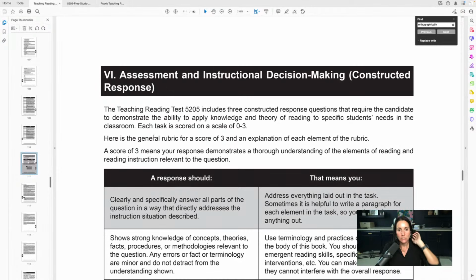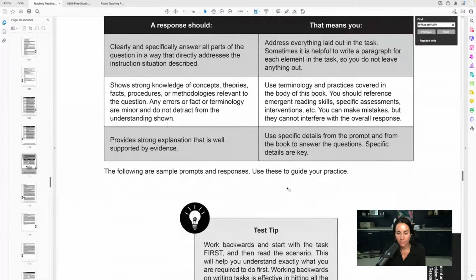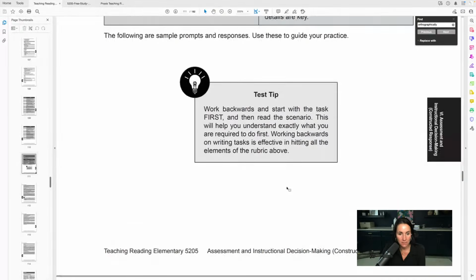And you can see that I go through what the rubric actually means. So a response should, and then what that means to you. And so I go through the test tips and things like that. Let's keep going down.